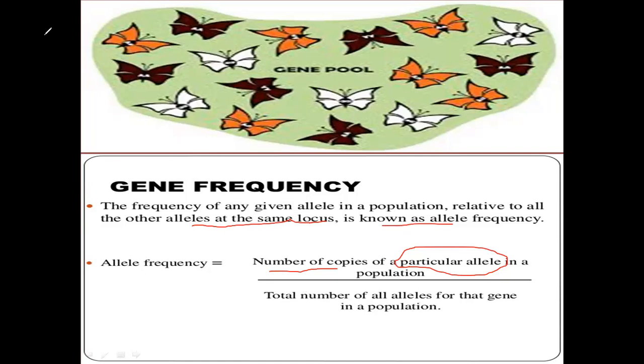So these are all alleles, the total number of all alleles for that gene in a population. So you have to remember allele frequency. Allele frequency is equal to the number of particular alleles in a population upon the total number of alleles for that gene in a population.